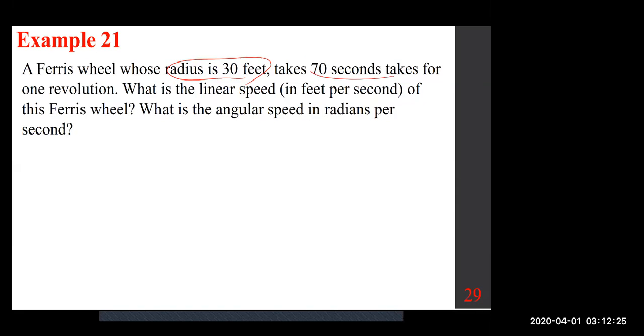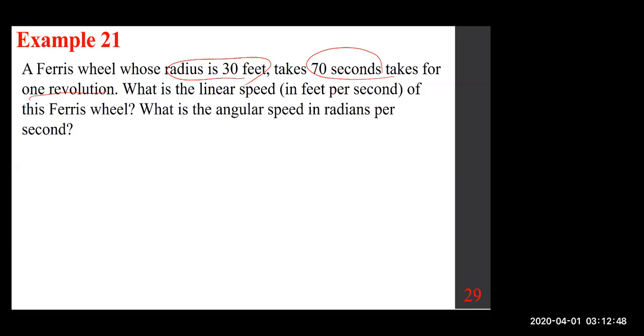It takes 70 seconds for 1 revolution. So really, omega is given in essence, and that means 1 revolution per 70 seconds. Now you want to change it to radians per second.